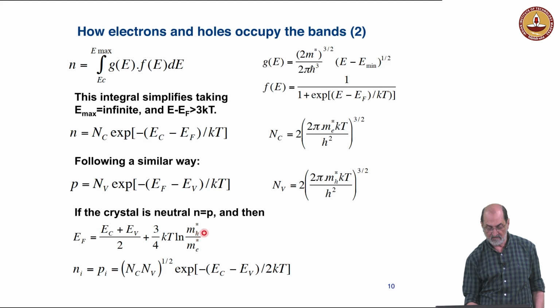If the effective mass for holes is larger than for electrons, what does it mean? That the curvature of the valence band is smaller than that of the conduction band, so it is flatter. The effective mass depends on the inverse of the second derivative.